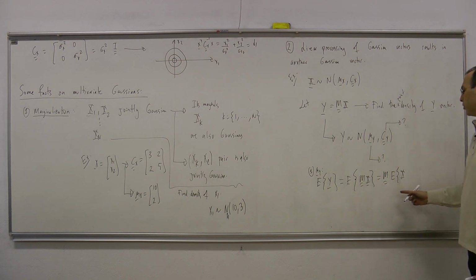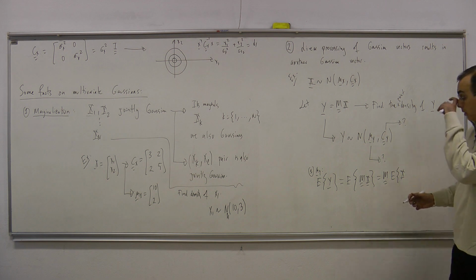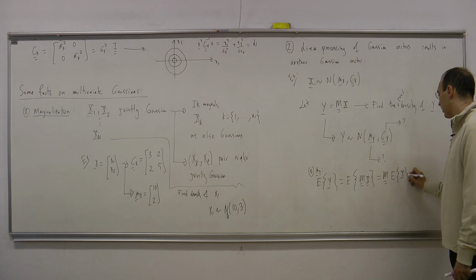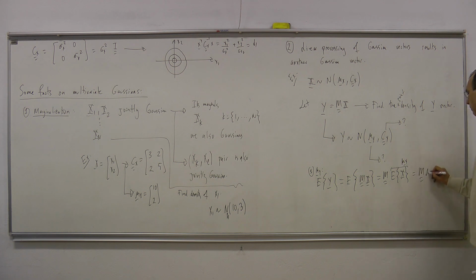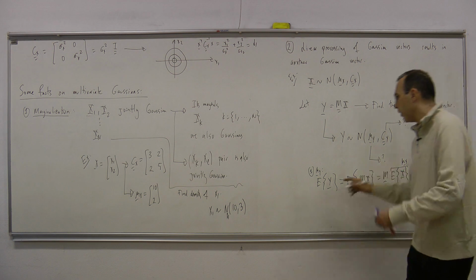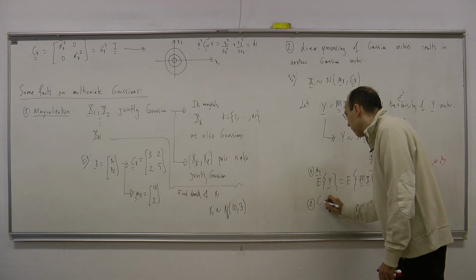This is a linear operation, just summations and multiplications, so this is possible. So this is the mean vector of x. Very nice, so the mean vector of y is simply found. No surprises. Now let me find the covariance matrix.